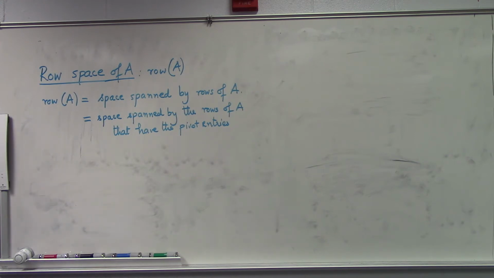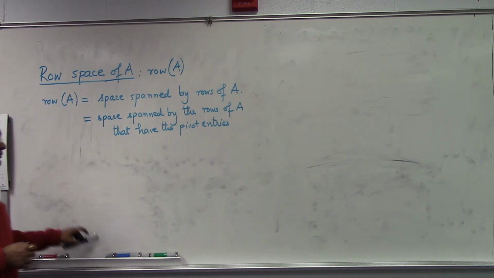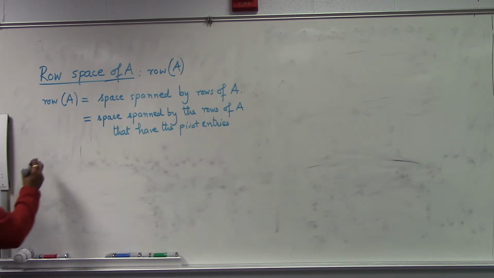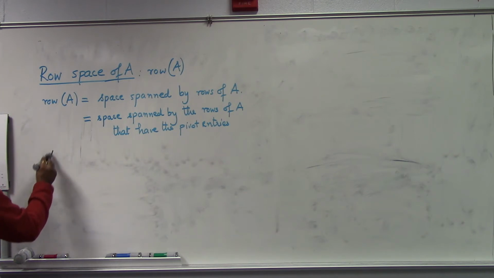So the space spanned by rows of A or the space spanned by the rows of A that have the pivot entries should be one and the same space. And in fact, that helps us open a new possibility. So let me try to show you what I mean by that.